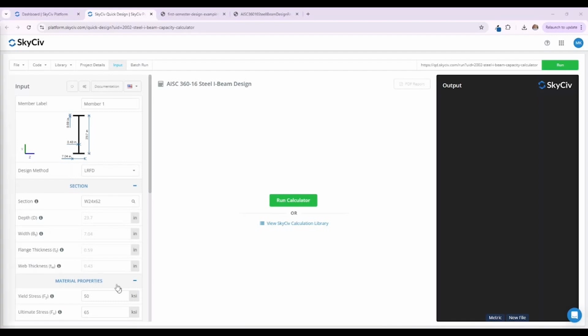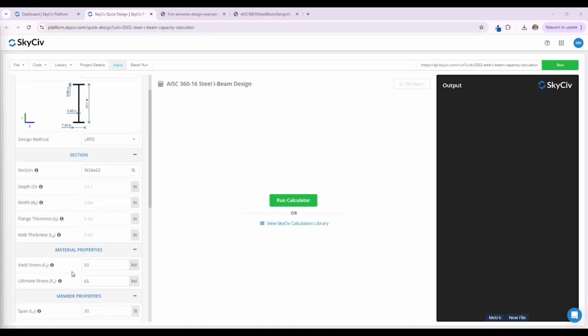The material properties of ASTM A992 steel are a yield stress of 50 kips per square inch and an ultimate stress of 65 kips per square inch.